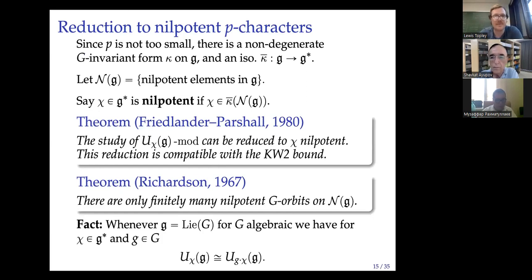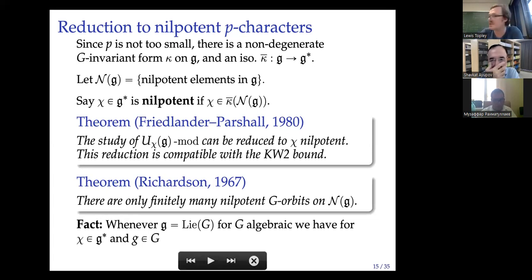So let me explain, in quite a crowded slide, how you can reduce to nilpotent characters. Because we've taken p not too small, one consequence is that there exists a non-degenerate invariant form on g. If you know the background of complex semisimple Lie algebras, then the Killing form would be very reminiscent.